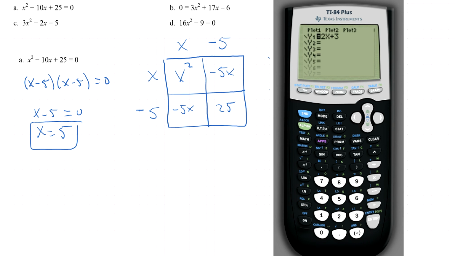And so we want to graph y equals x squared minus 10x plus 25, and then we hit graph, and as you can see it crosses the x-axis at 5. And when we get the perfect squares, notice it only crosses the x-axis one time.